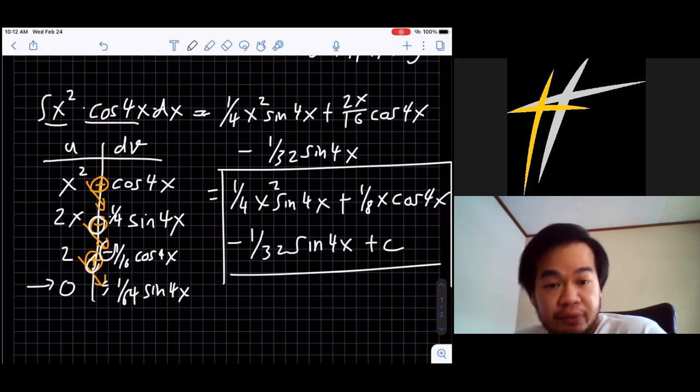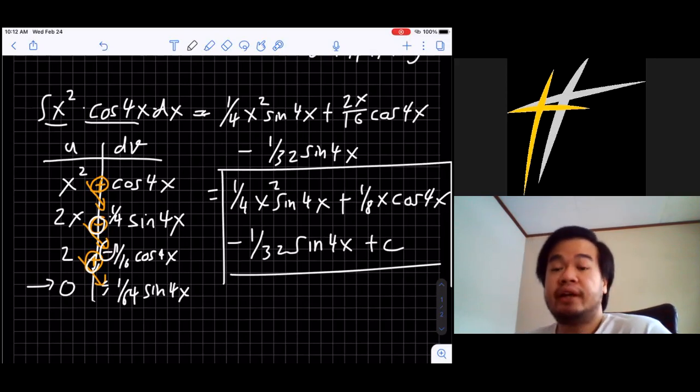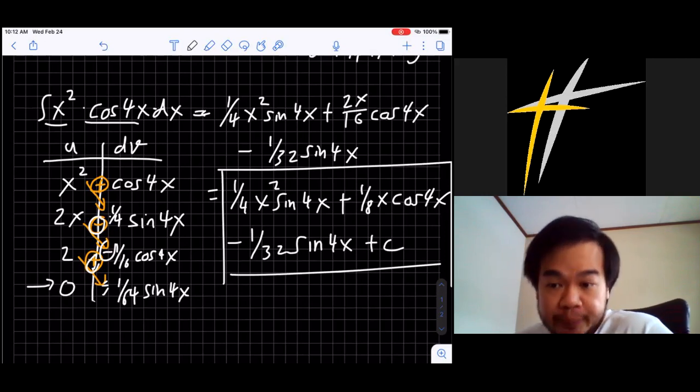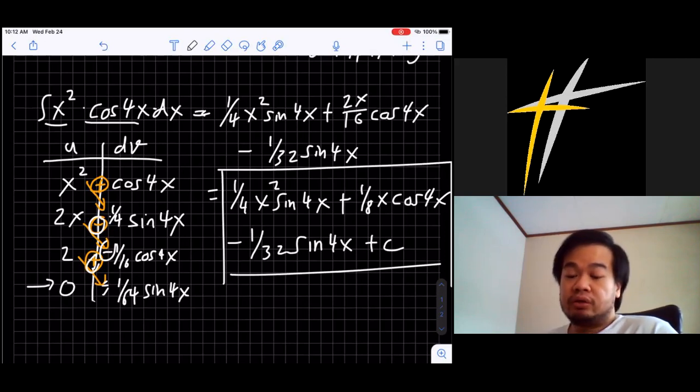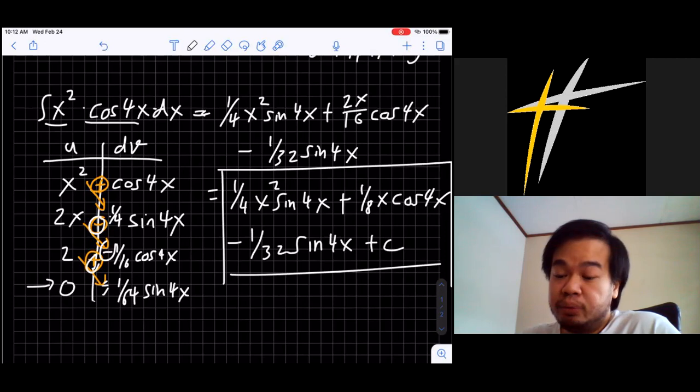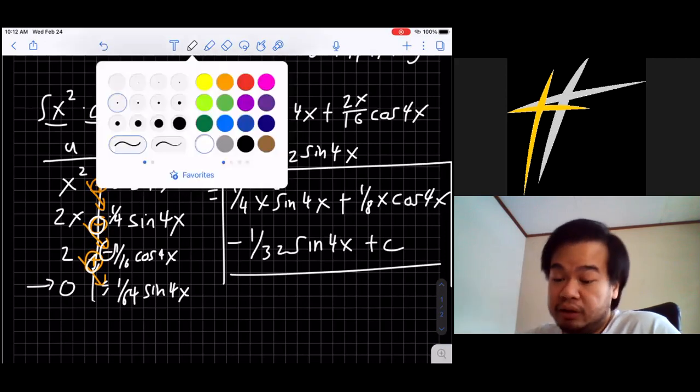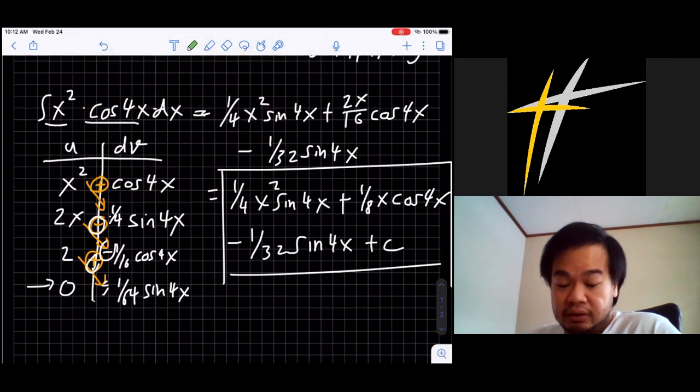It's really helpful if you need to do more than one integration by parts to solve your problem. To give you more knowledge about this, it can also be stopped at this line.